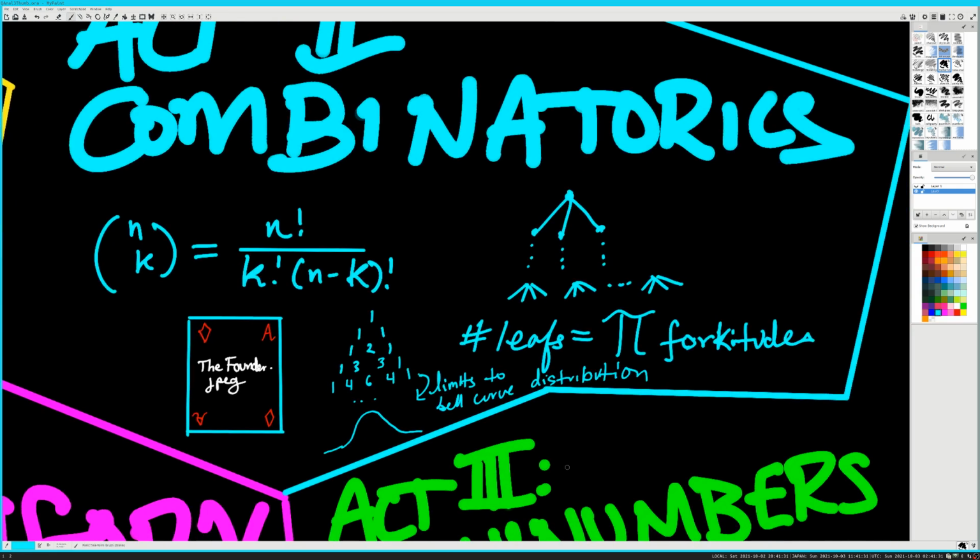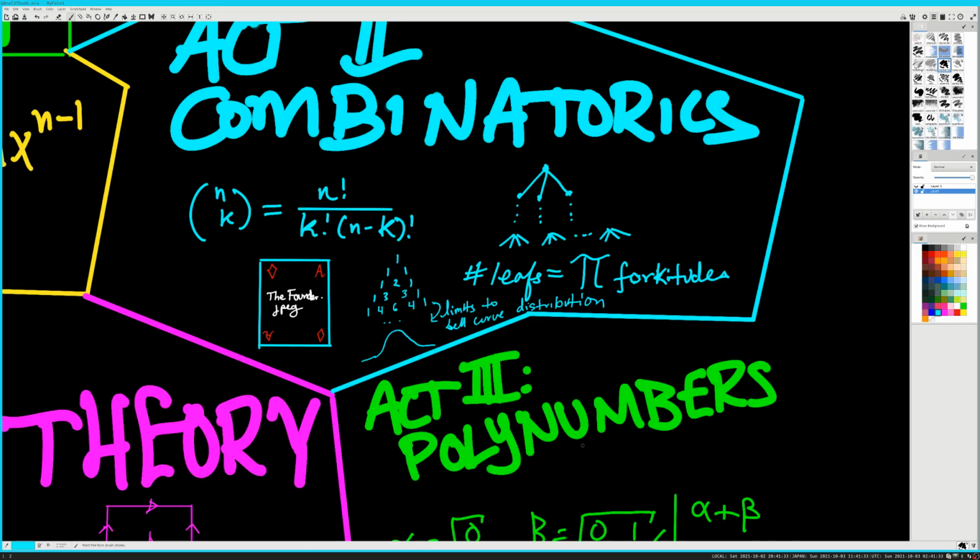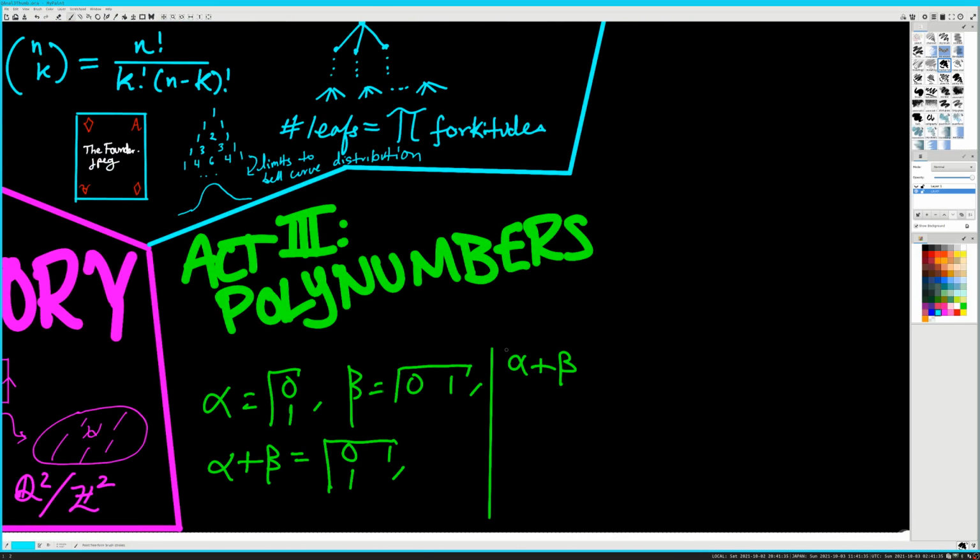The number of leaves is the product of the forkitude, limits to the bell curve distribution. Alpha plus beta cubed.